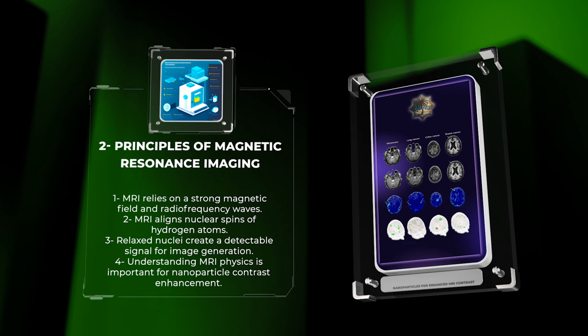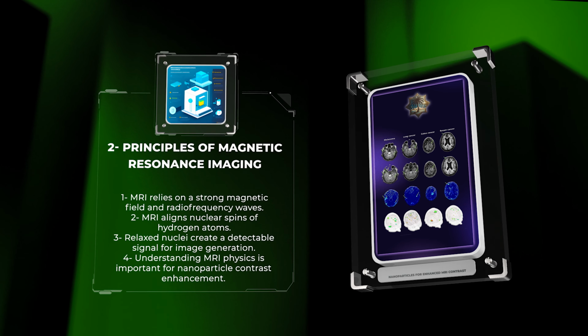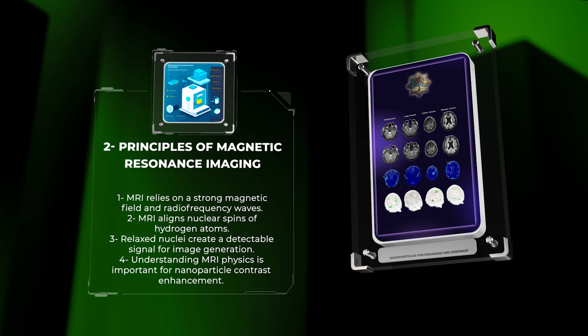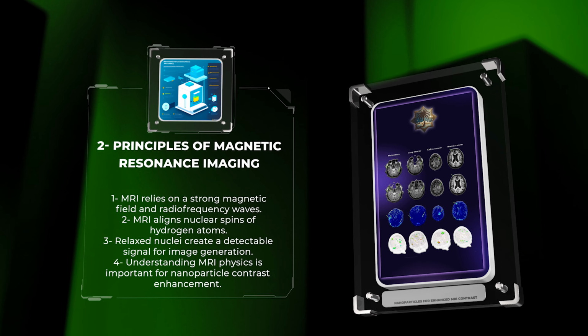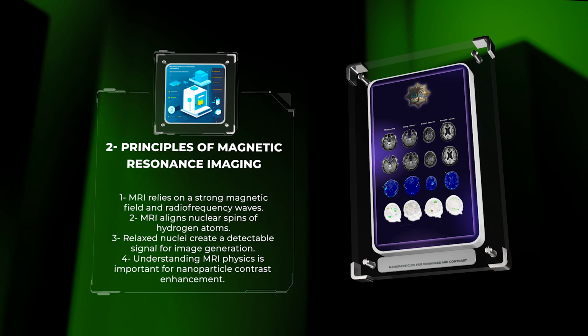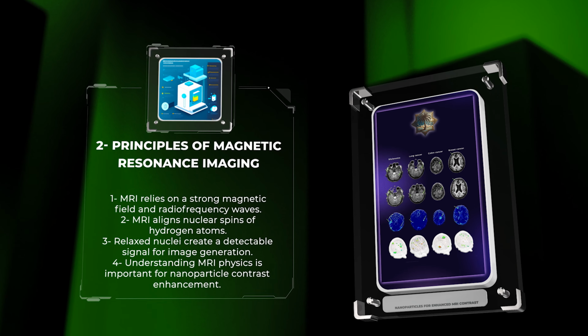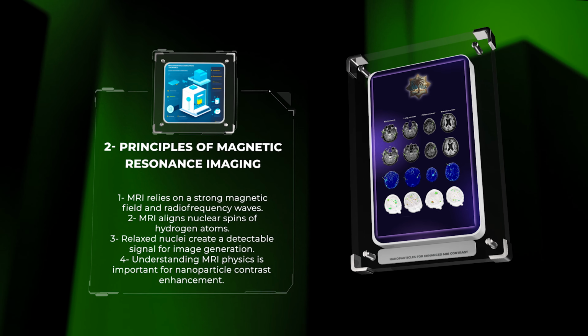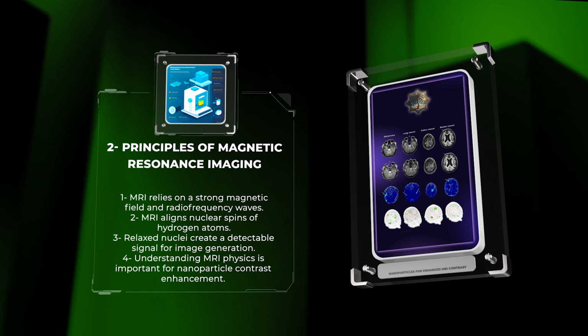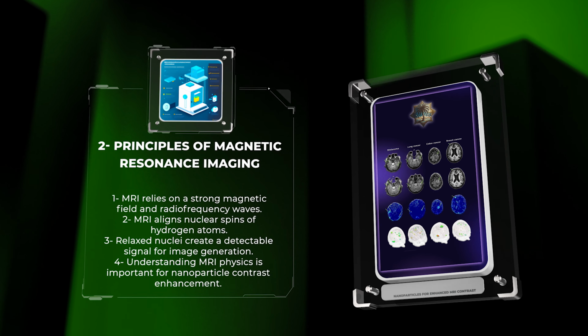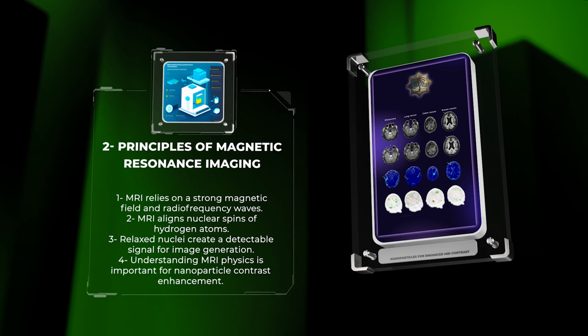By applying radio frequency pulses, the nuclei are perturbed, creating a detectable signal upon relaxation. This signal is then processed to generate high-resolution images. Understanding the basic physics behind MRI is essential for appreciating the impact of nanoparticles in enhancing image contrast. In the next section, we will explore the different types of nanoparticles that have been developed for this purpose.